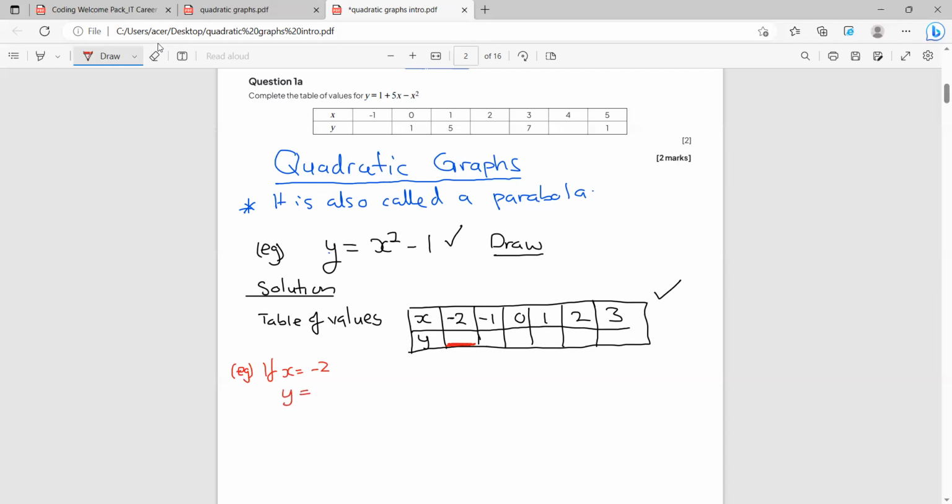Since you're just starting out, you write your equation, y is x squared minus 1, and we take the current value of x and put it in the equation. So y is going to be -2 squared minus 1. Now, you're going to need to write this. You can use your calculator to help you. What is -2 squared?